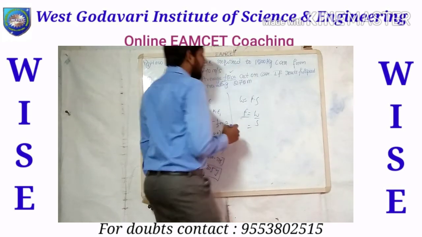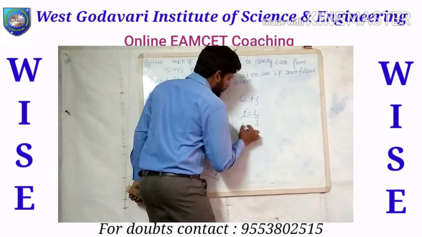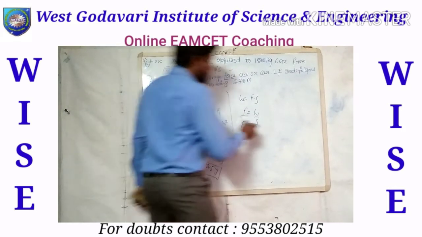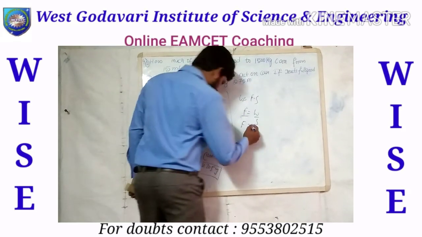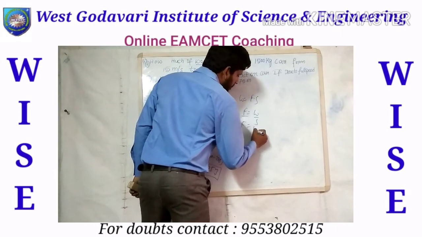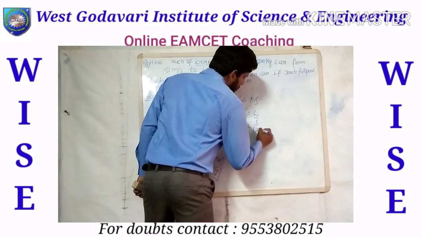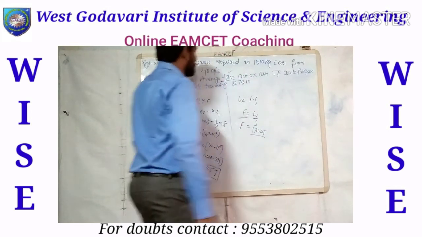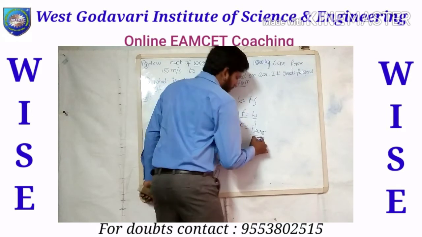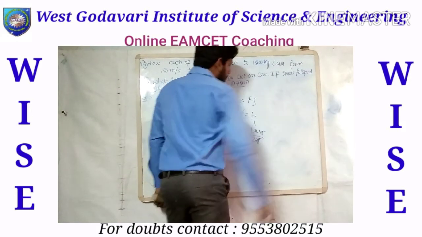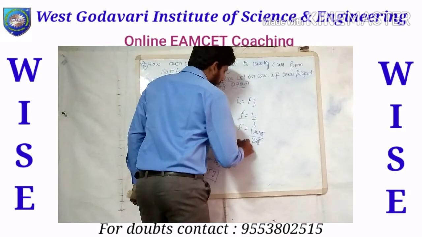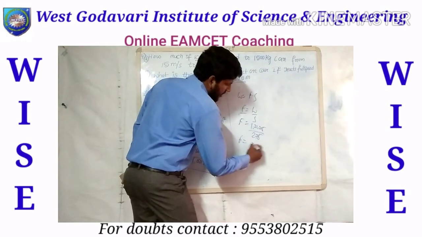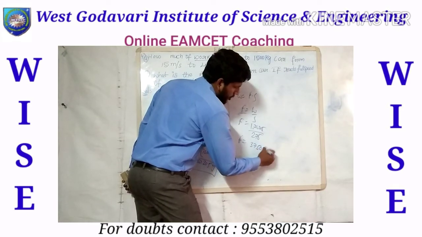So force, the net force, equals W by S. What is the force value? We don't know the force. And what is W? Here W equals the work done, 131,205, divided by S, the displacement, which is 275. So the answer is 3750 newtons.